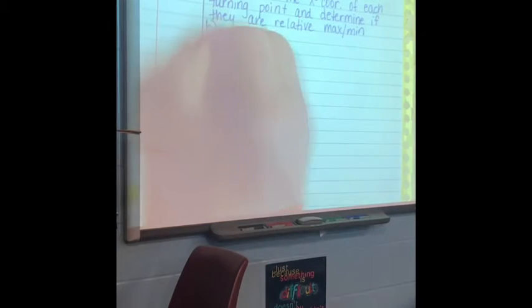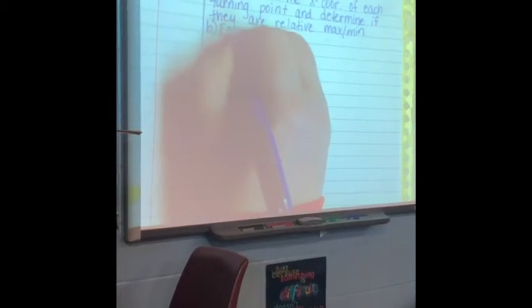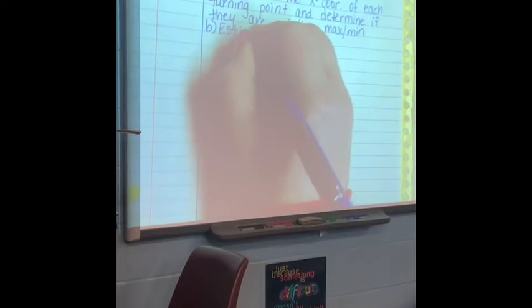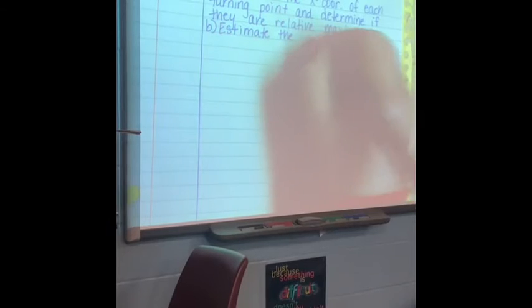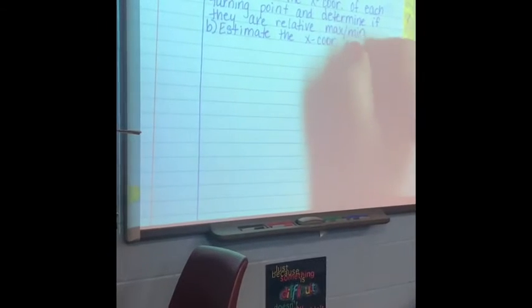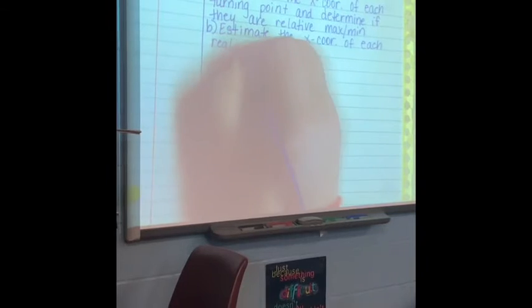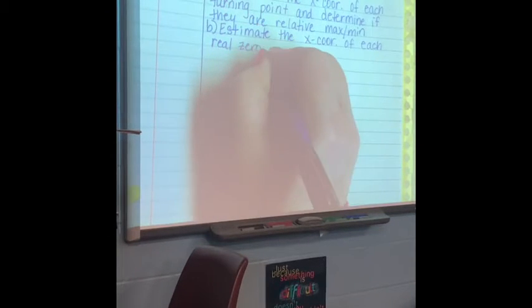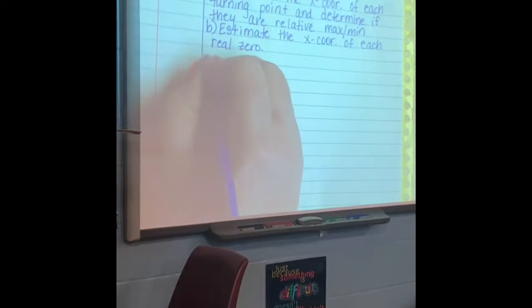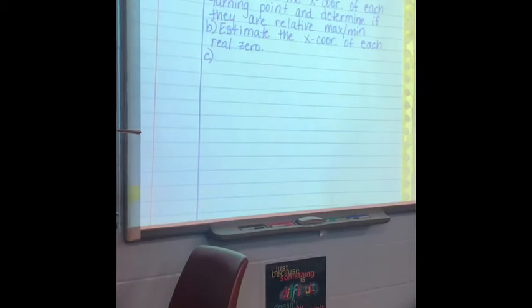For B, we're going to estimate the x-coordinate of every real zero. And by estimate, they're probably looking for the nearest whole, the nearest half.